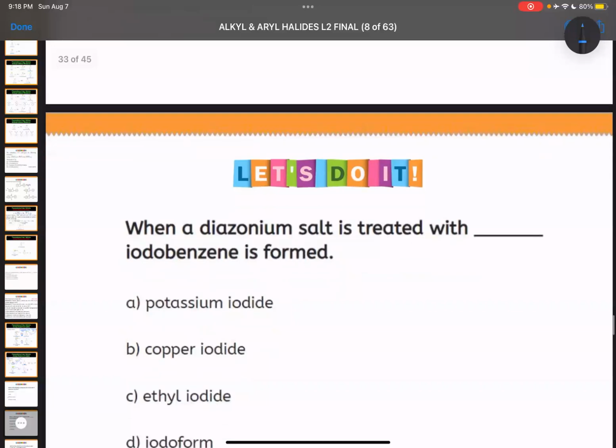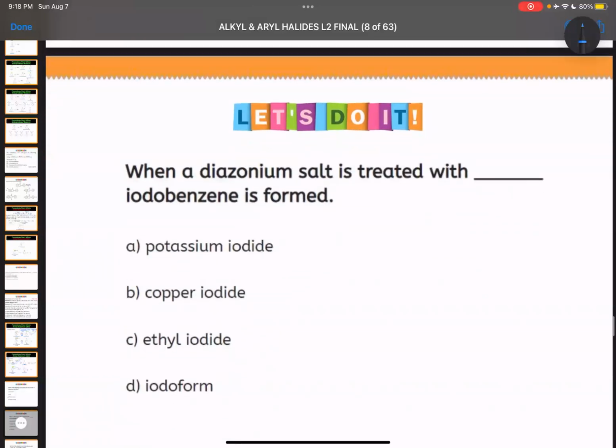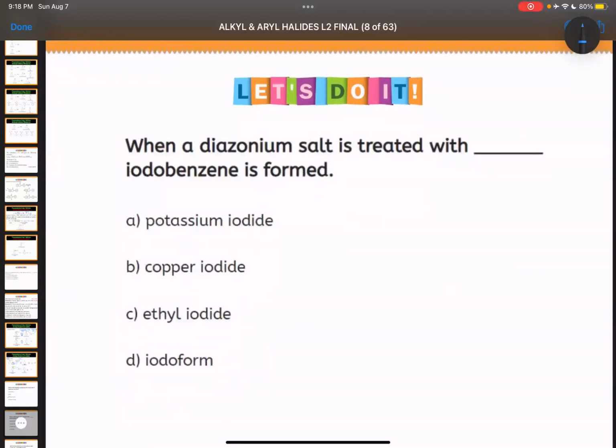Option C. Very, very simple questions, just basic things to make you revise and recall whatever we have studied. And the diazonium salt is treated with dash, iodobenzene is formed. Option A. Yeah, KI. Very good.